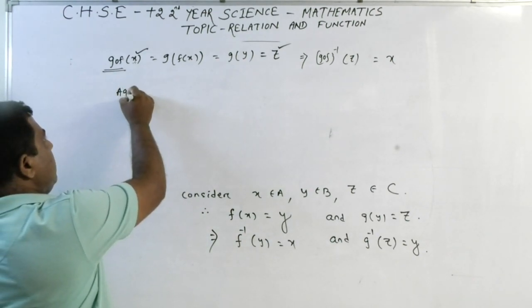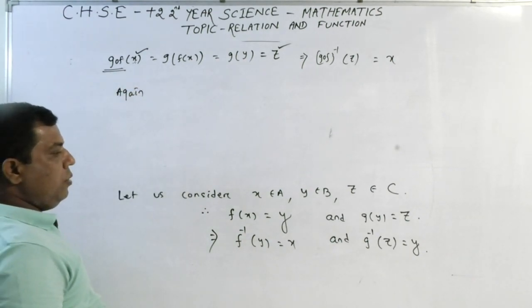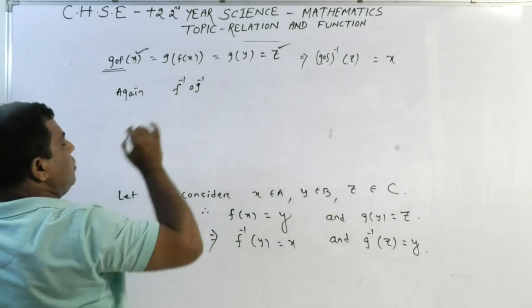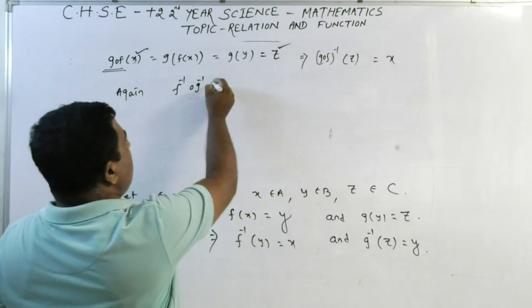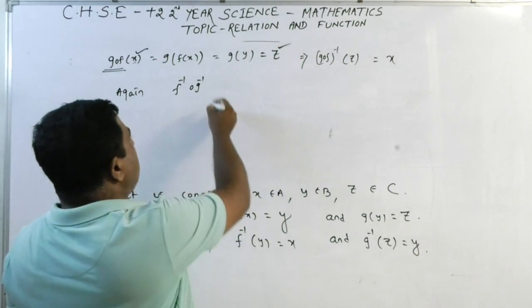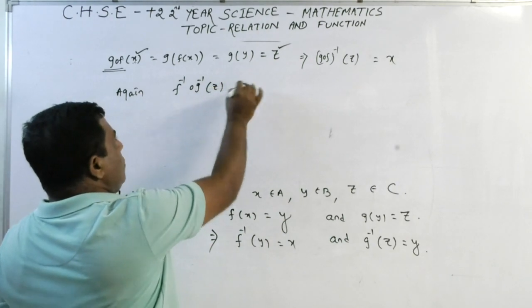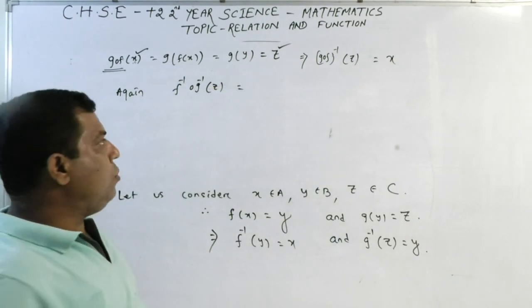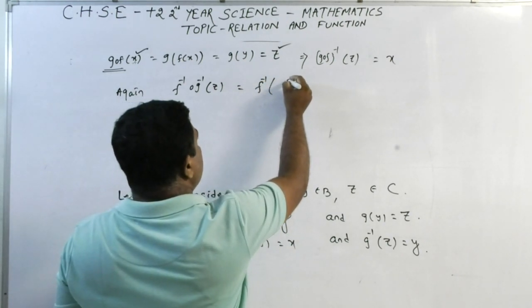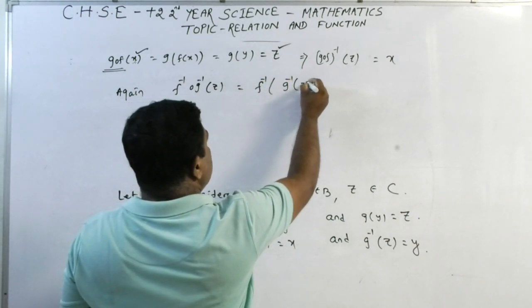Again, we are going to show f inverse operated on g inverse. Now you tell me, g inverse is operated on what type of elements? g inverse is operated on z. Okay? Yes or no? And what does it do? It is equal to f inverse of g inverse z.